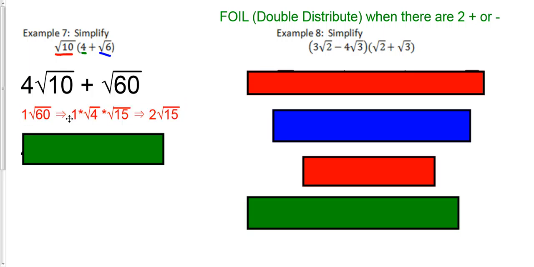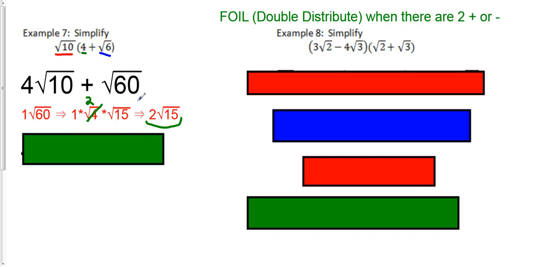Square root of 60, though, we'll call it 1 square root of 60, we can break down into 1 times the square root of 4 times the square root of 15. We took out 4 because that was the biggest square number out of our whole list. Now square root of 4 we recognize as 2. 1 times 2 is 2 times the square root of 15. 2 square roots of 15 is our new second term.